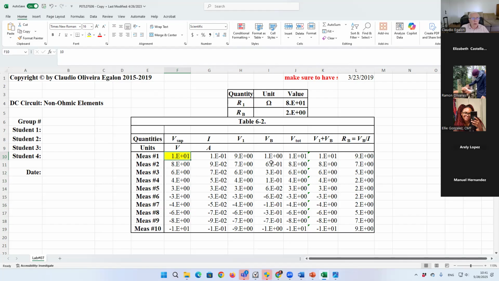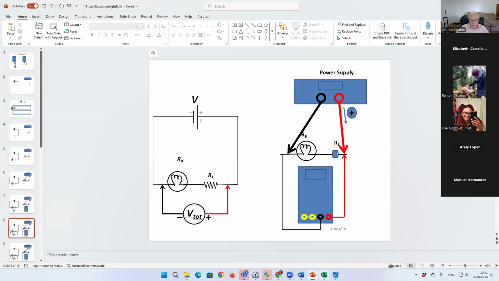Here's my yellow data, right? And here you go. Here's the voltage made with the multimeter and the voltage displayed in the power supply. Okay? That's what it is.